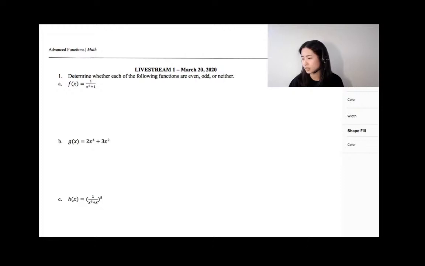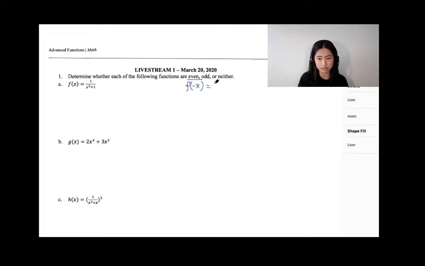Okay, so let's begin. The first question we need to figure out is whether the function is even, odd, or neither. So just as a recap, how do you know if a function is even versus odd? If a function is even, that means algebraically, you plug in f of negative x, and you need to have f of x.